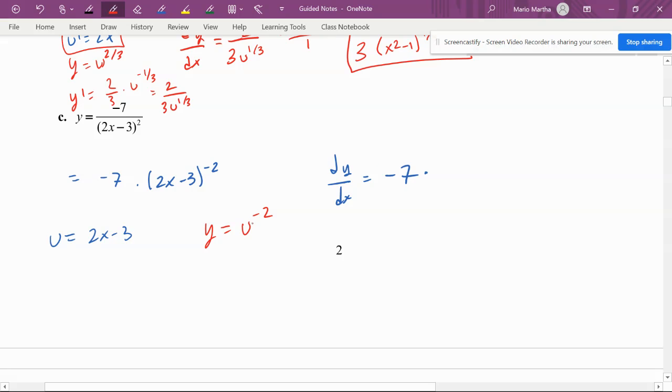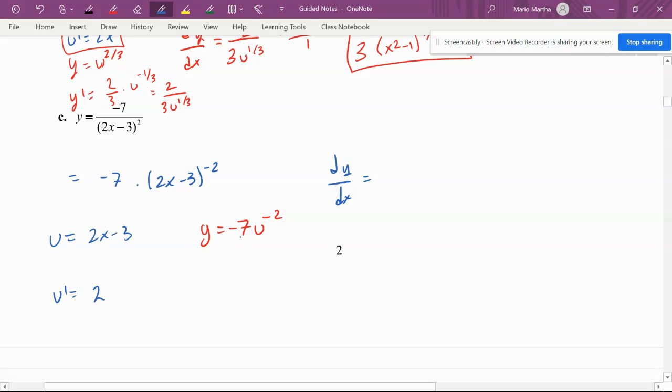I already put the negative 7. I'm going to put it down here just in case, all right? Actually, I'm going to make sure I do it in here first and then forget about the other part right there. So here, again, that gives us u prime will be easily just 2, right?